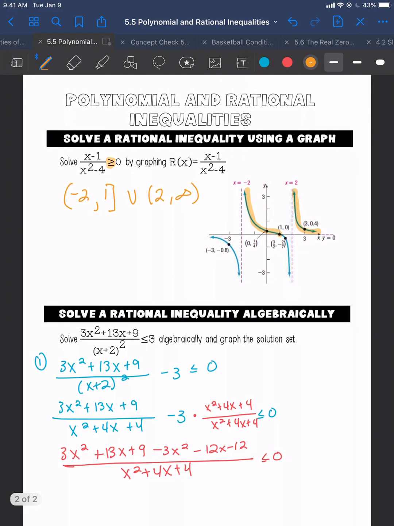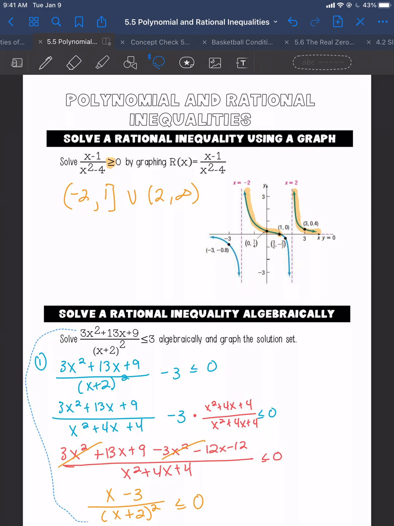And we're going to simplify. So we have 13x minus 12x, which would just be x. 9 minus 12 would give me minus 3. All over, I'm going to go ahead and put this back in factored form, (x plus 2) quantity squared, less than or equal to 0. So no simplifying happening. That's the inequality that we're working with.